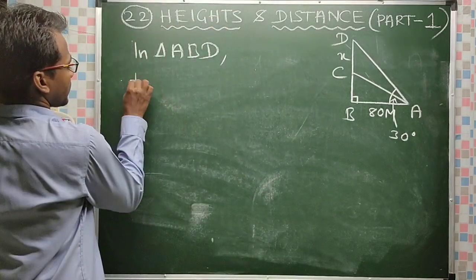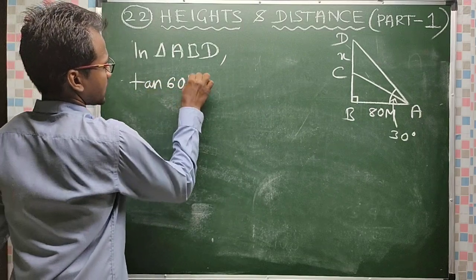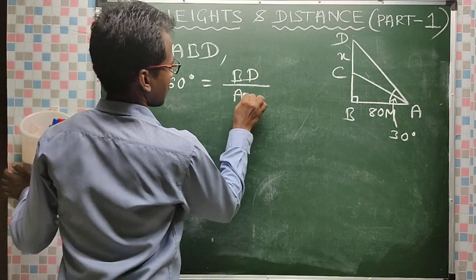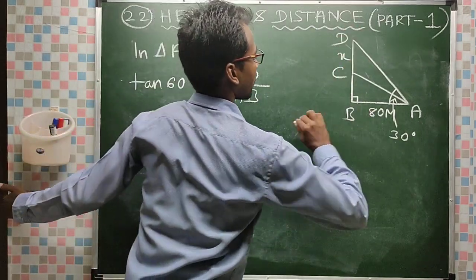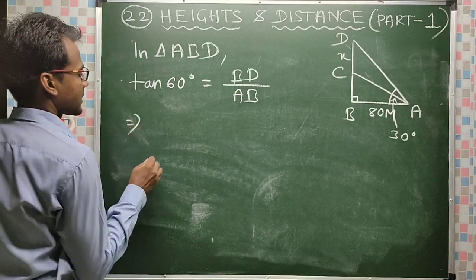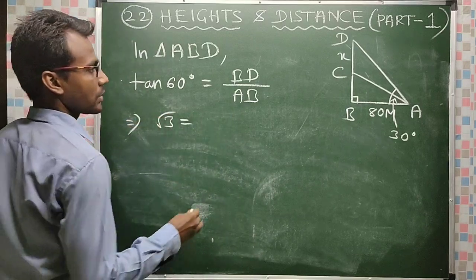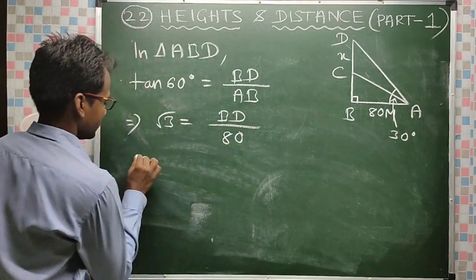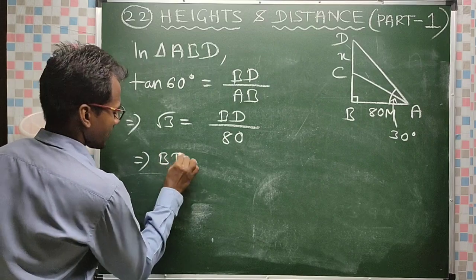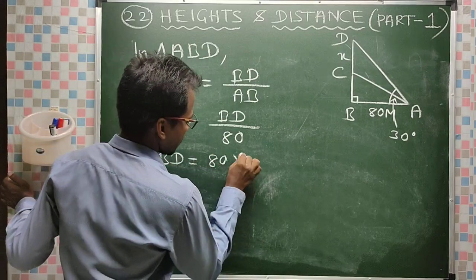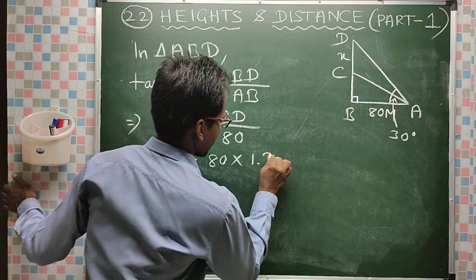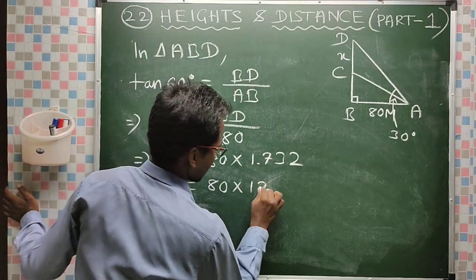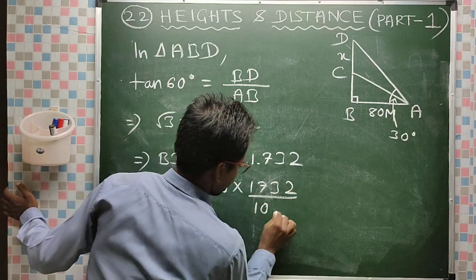Okay. So tan 60 degree is equal to BD by AB, perpendicular by base. Okay. What is tan 60 degree? Root 3. BD we have to find, AB is 80. So BD is equal to 80 into root 3. Root 3 means 1.732, which is 80 into 1732 by 1, 2, 3.